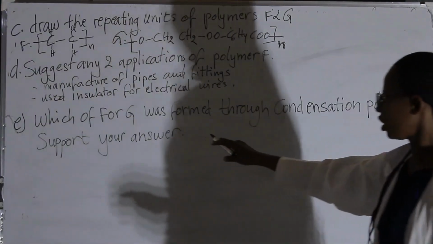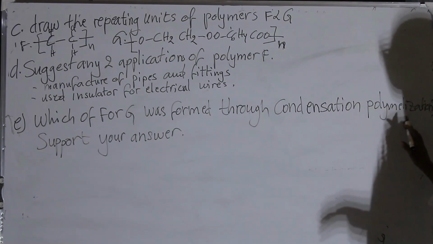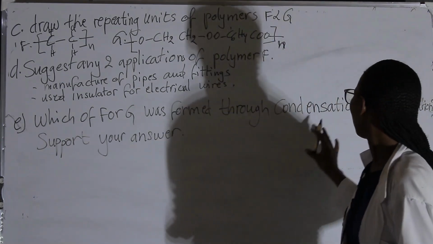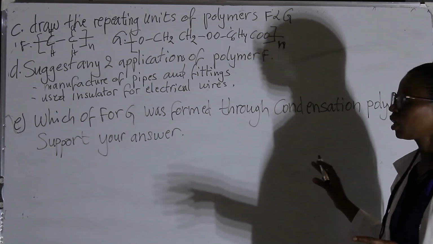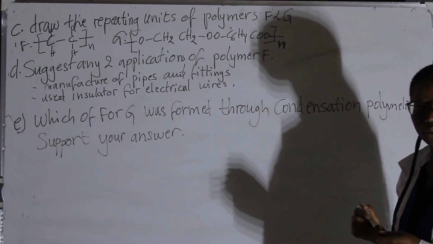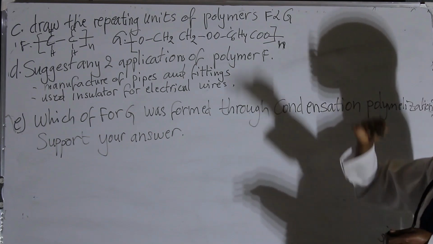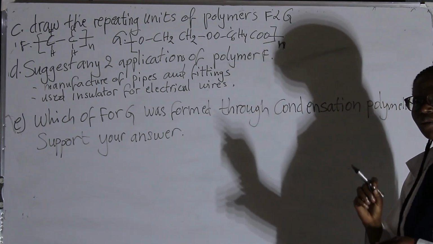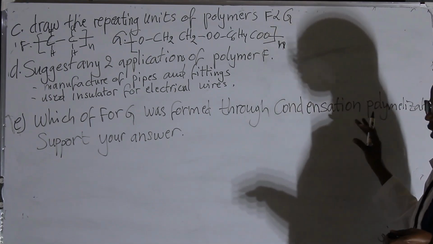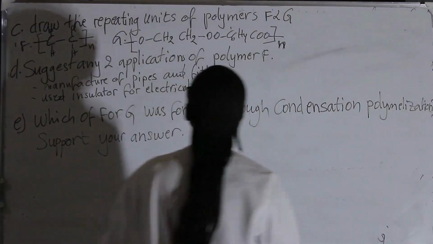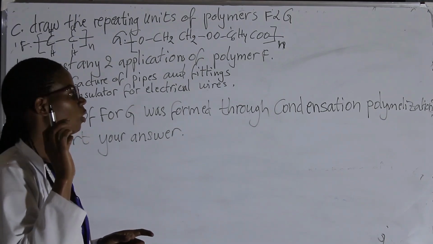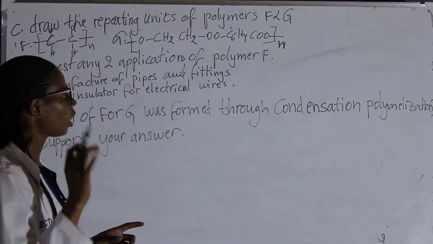Which of F and G was formed through condensation polymerization? Support your answer. For condensation polymerization, we have two different monomers which link together to produce polymer, with the release of small molecules. Here, for these monomers, there was a release of water molecule.